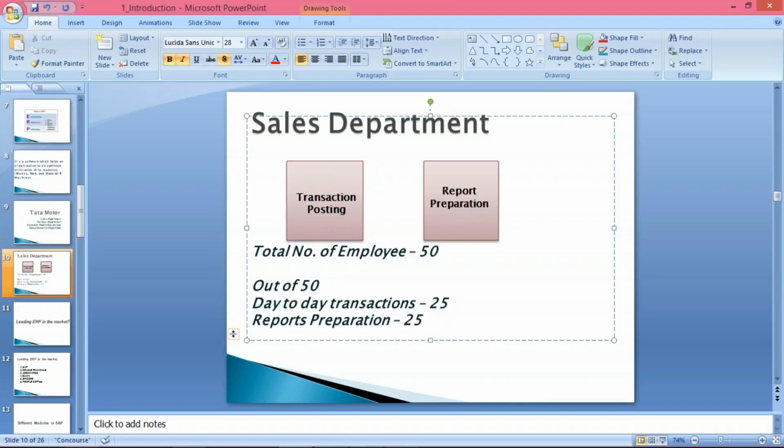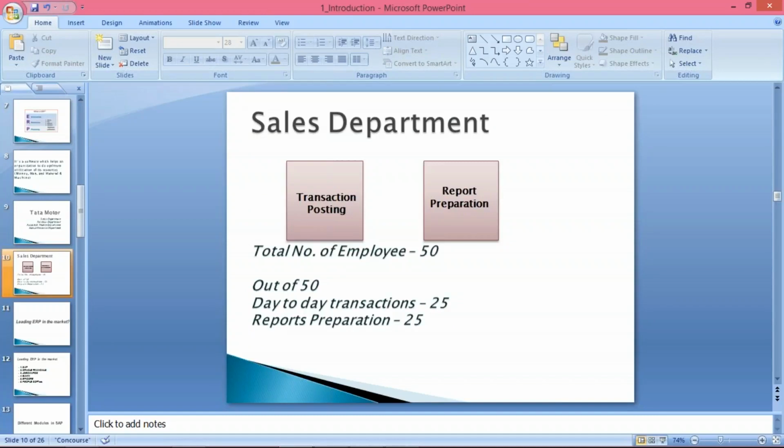So as I said, 25 people are involved in day-to-day transaction posting, and the remaining 25 people are involved in report preparation. Okay. Now here, what is the advantage of ERP, guys? If Tata Motors is going to implement or use any software, any ERP, in their organization, then what is the benefit?